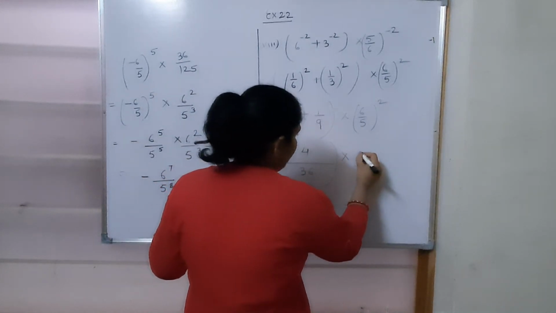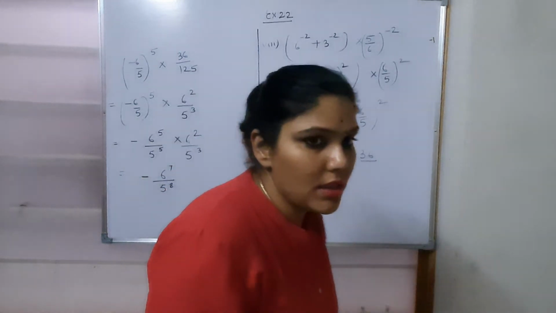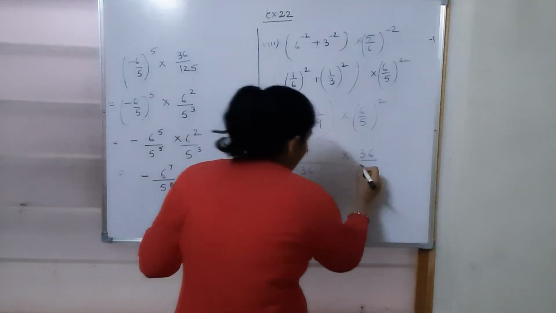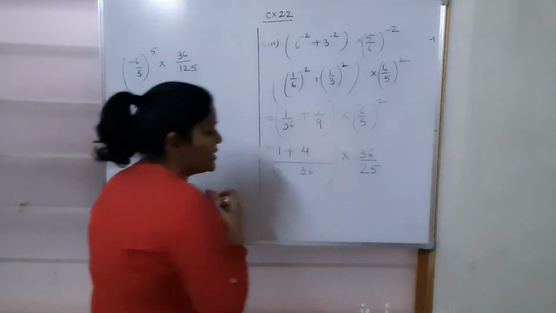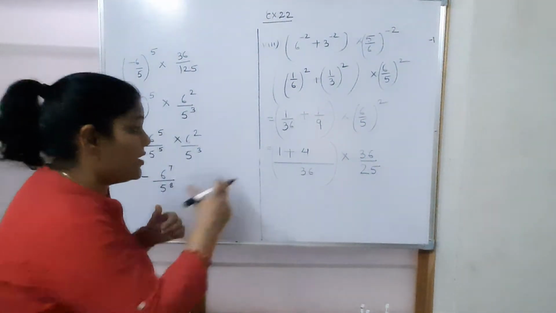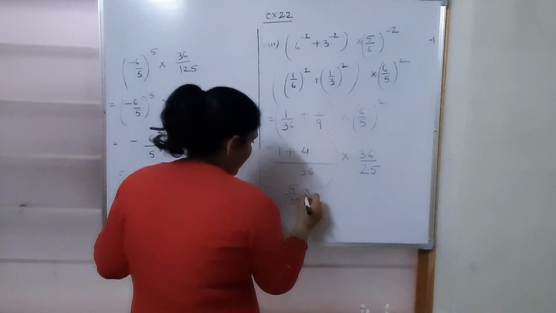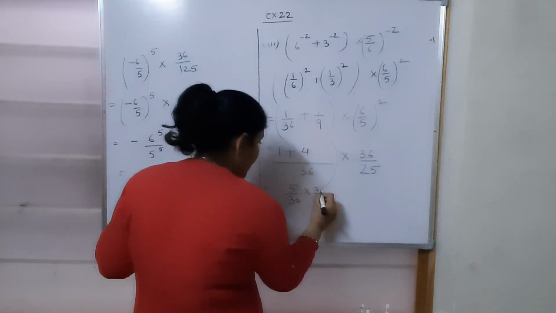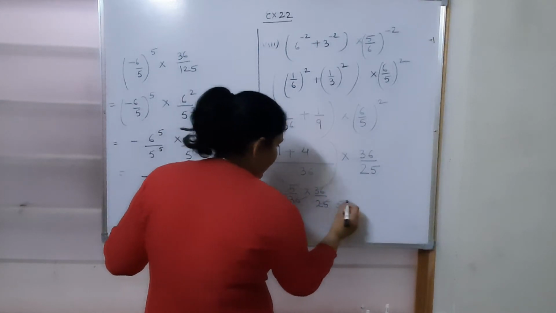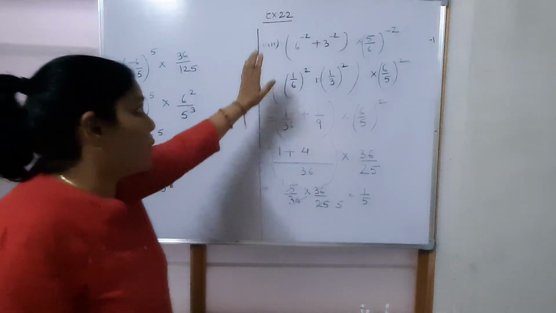And then we have 6 upon 5 whole square, which is 6 upon 5 into 6 upon 5, which is 36 upon 25. 6 6s are 36, 5 5s are 25. So this is going to be 5 upon 36. And here we have 36 upon 25. Cancel and we get 5 5s are 25. So the answer will be 1 upon 5. Again, I am just telling you quickly.